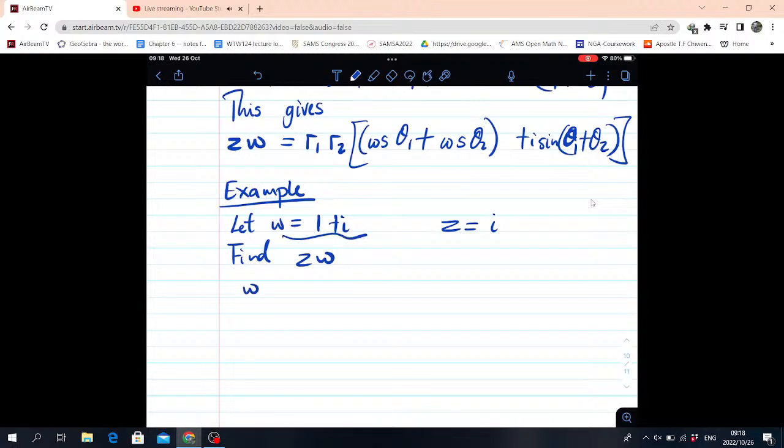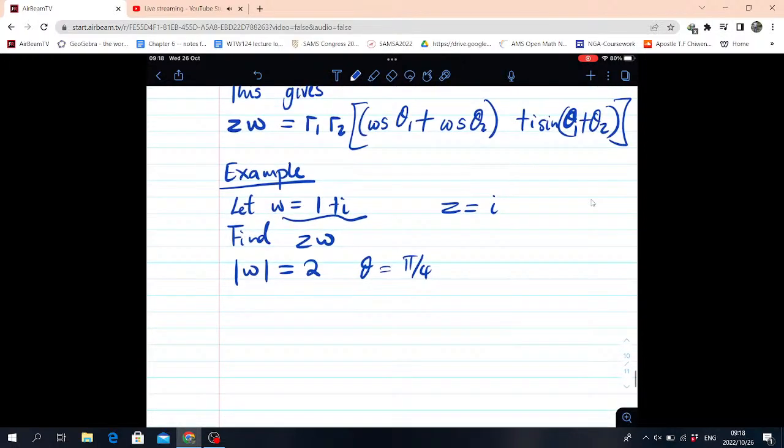So if you find the modulus of W, you will see that it is going to be equal to square root of 2, and theta is going to be equal to pi over 4. So you will see it's in the first quadrant, and tan theta will be equal to 1 over 1, so therefore theta is going to be pi over 4, right?